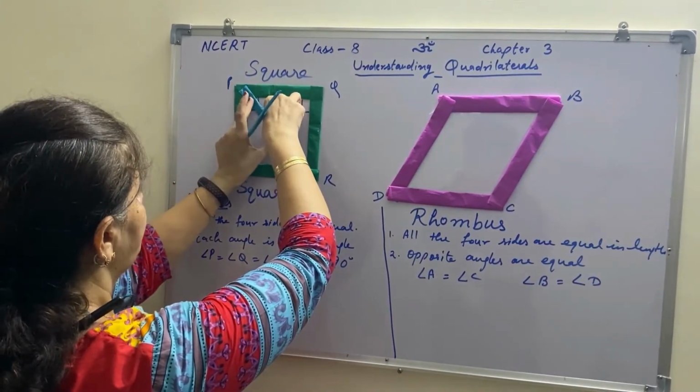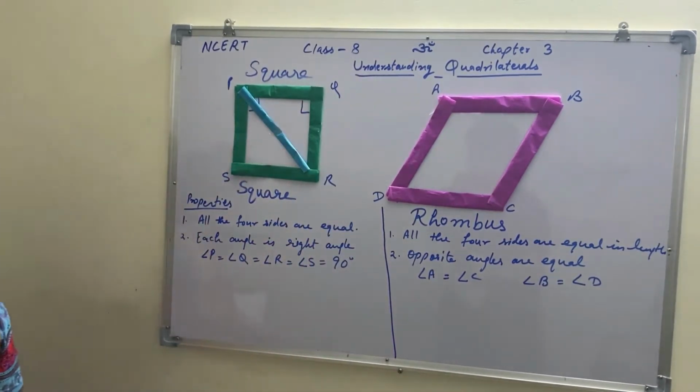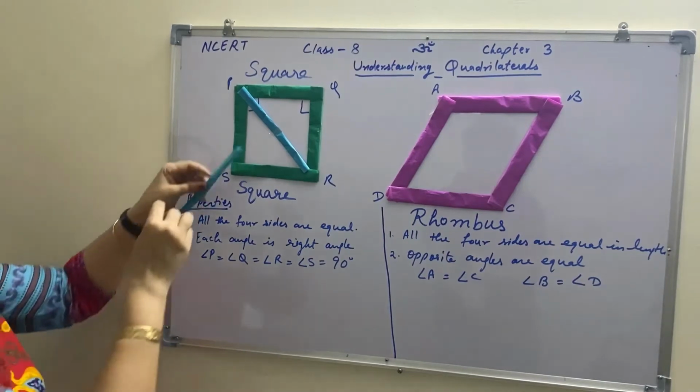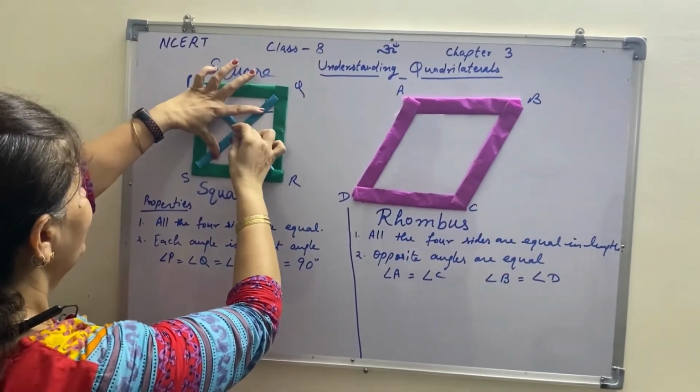It is a parallelogram and it is a special type of rectangle. So in a square, diagonals are equal in length.